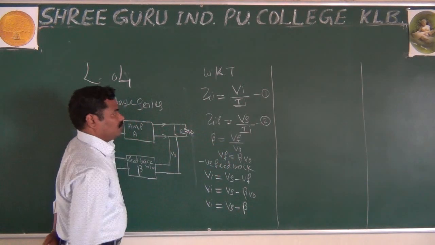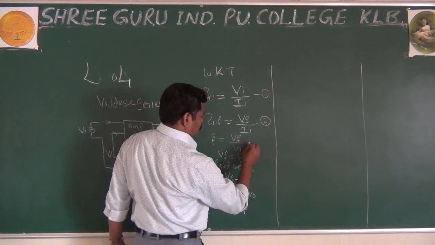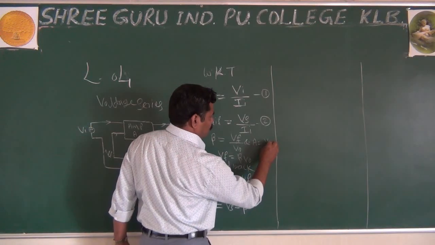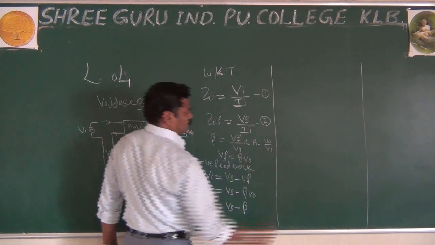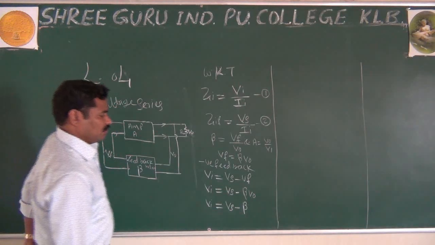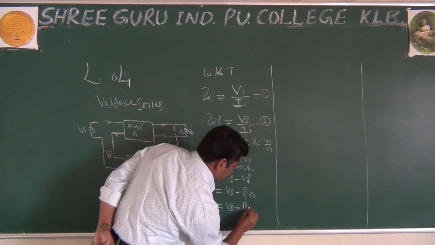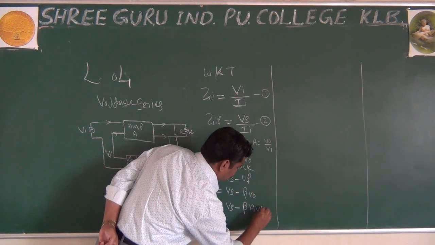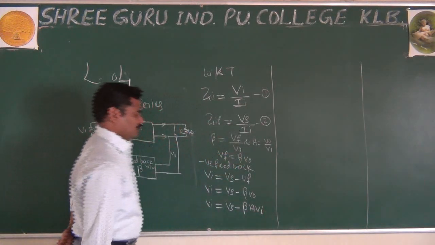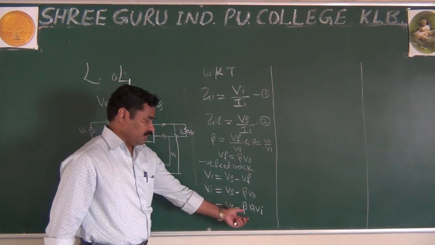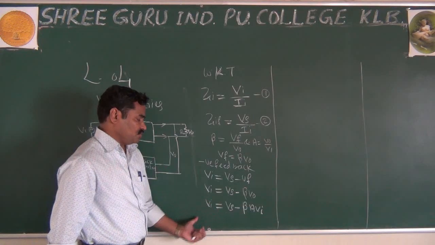In place of V0, we can write A = V0 by Vi, so V0 is equal to A into Vi. Then you take Vi this side and Vs this side.